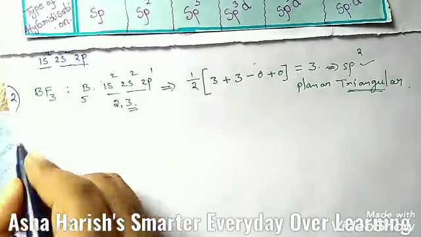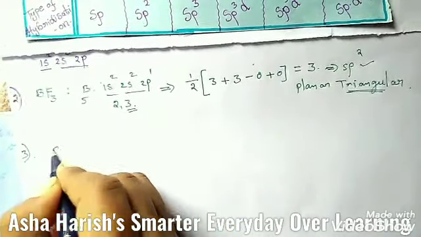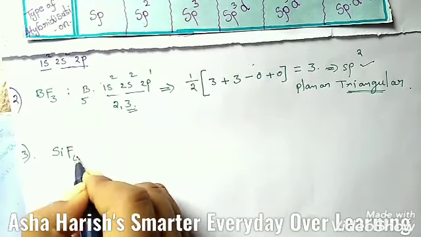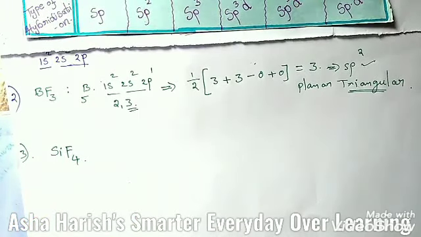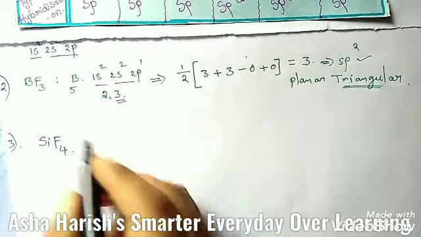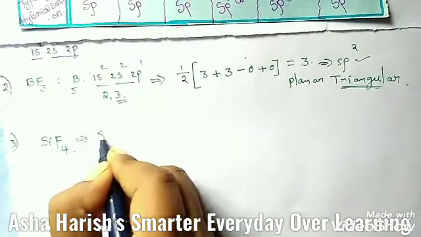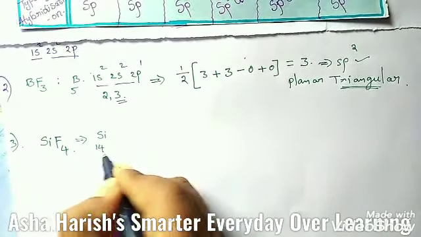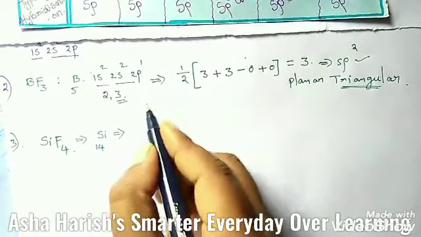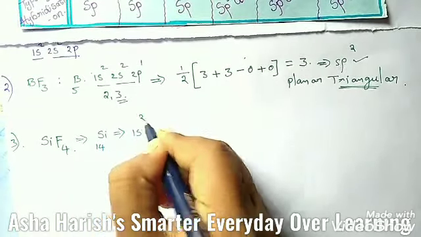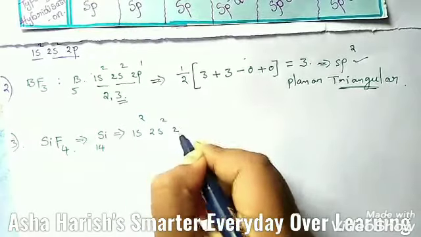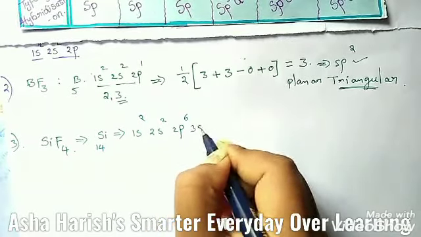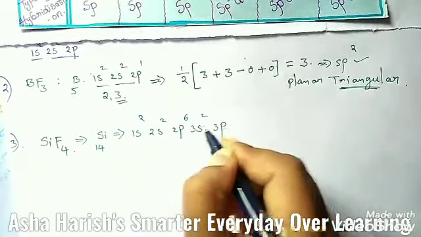Next example, example 3, SiF4, silicon tetrafluoride. Here the central atom is silicon. Silicon atomic number is 14. Its electronic configuration is 1s2, 2s2, 2p6, 3s2, 3p2.